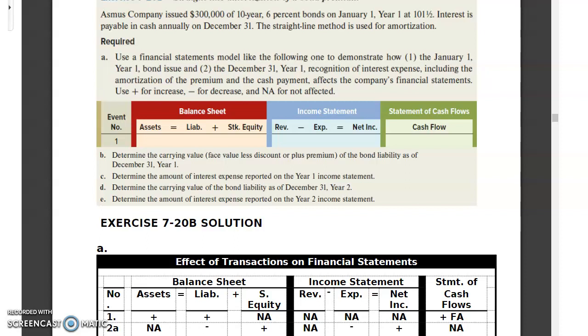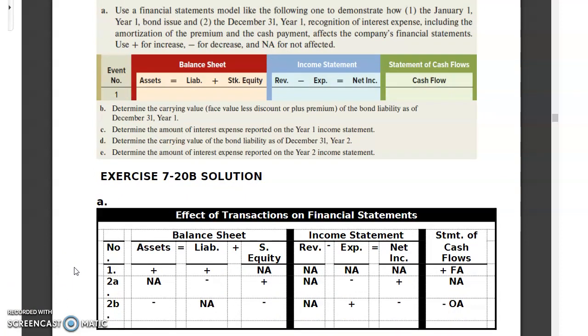Okay, so first question says, use the financial statement model below to show what happens to the financial statements when these transactions occur. Okay, so they issued bonds. I'm going to scroll this up a little bit. Issued bonds. That means assets go up. Equity does not affect that. Liabilities go up.